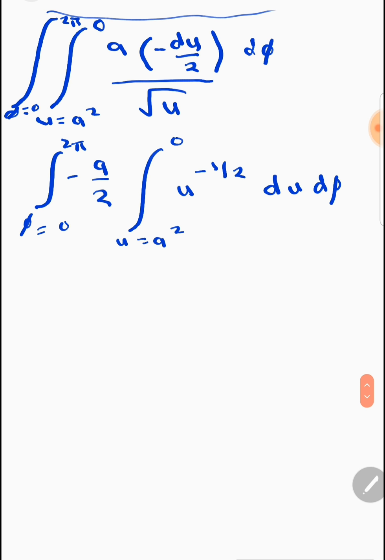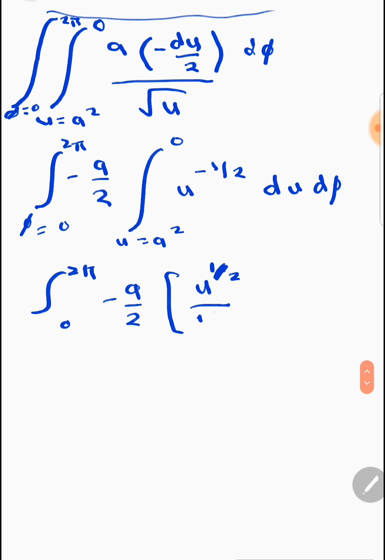Now that I have this here, I will solve this one first. So when I have this, I'm just going to rewrite the first term here from 0 to 2 pi, negative a over 2. So this, when I integrate it, u to the power of half plus 1 will give me 1 over 2 over 1 over 2. Lower limit, a squared. Upper limit, 0.